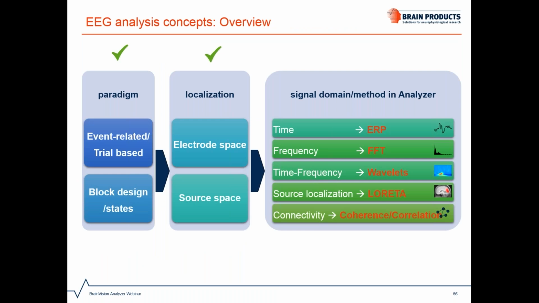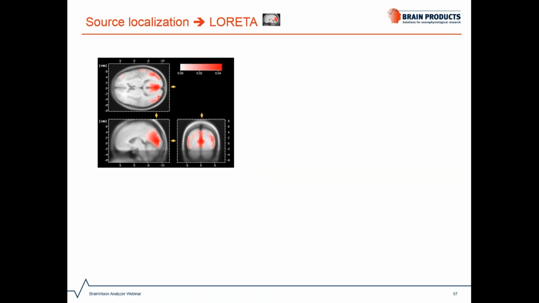Now let's have a look what can be done in terms of source localization in Analyzer 2. The algorithm implemented is LORETA and is acting pointwise or as an average across a selected time interval. If you will, there are two ways to look at LORETA results.